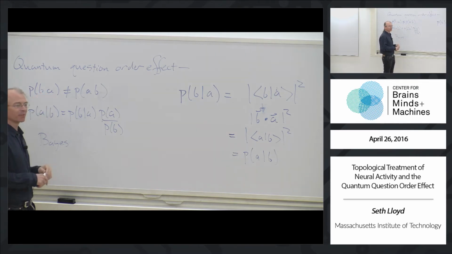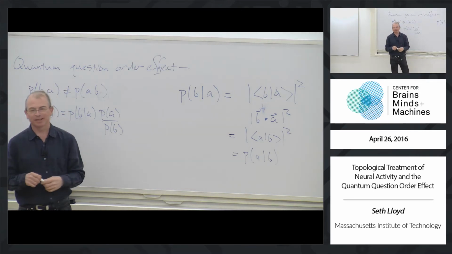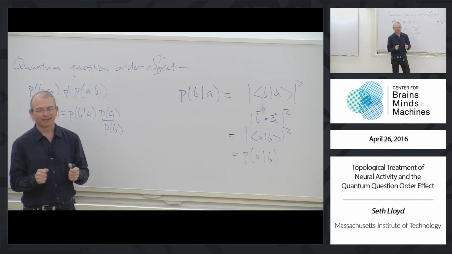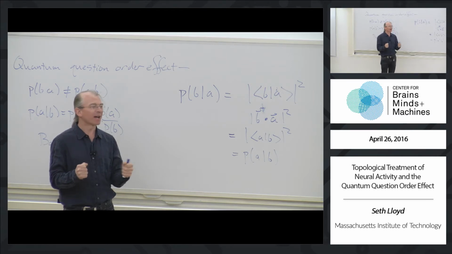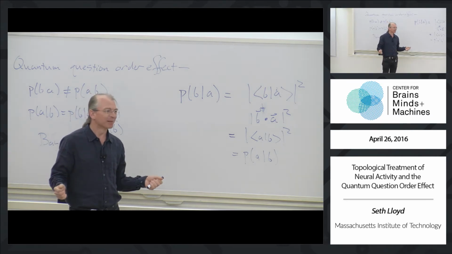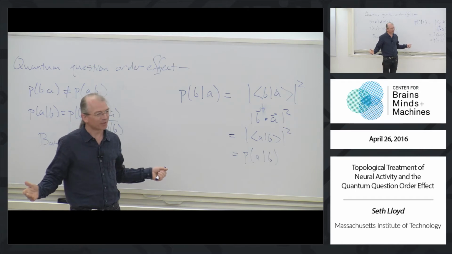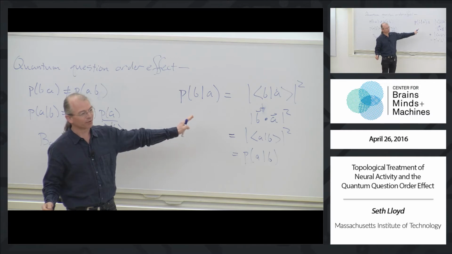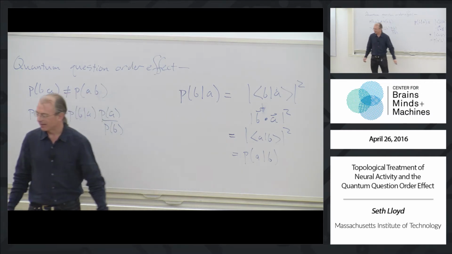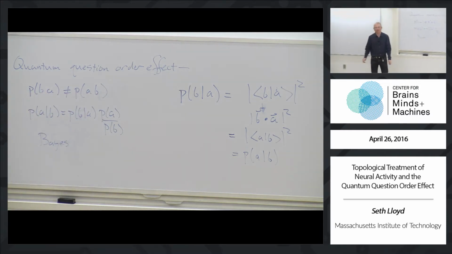And you get all kinds of bizarre things, like people judging the probability of A and B to be higher than the probability of B, which can't happen with ordinary probabilities. But it can happen when you actually have this kind of projective structure. In the papers that I've read on the quantum question order effect, there are lots of ways that people try to explain these other issues as well, but they basically come down to this funny feature.